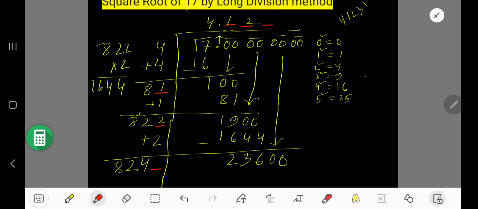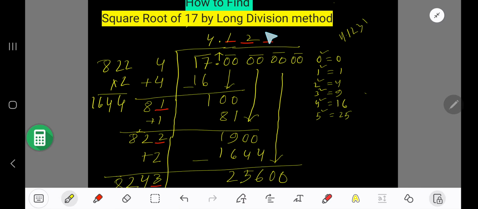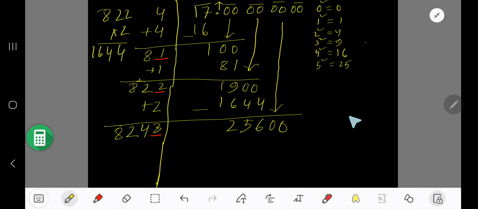Okay, so let me try. If I place 3 here, this 3 must come here. Now multiply 3 times this, 8243, times 3.